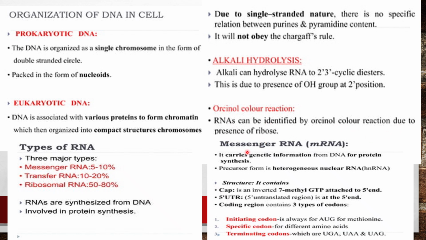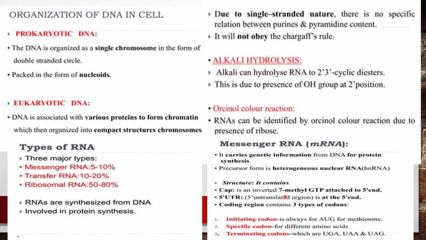Now let's talk about messenger RNA. It carries the genetic information from DNA for protein synthesis. Its precursor form is hnRNA, also known as heterogeneous nuclear RNA. Structurally, it contains two caps at the 5' and 3' ends.